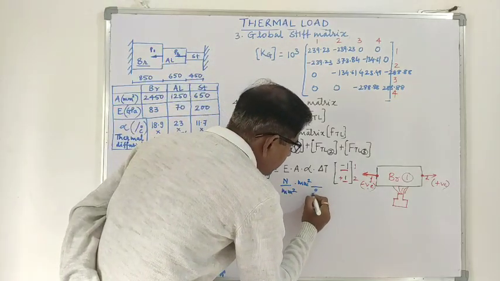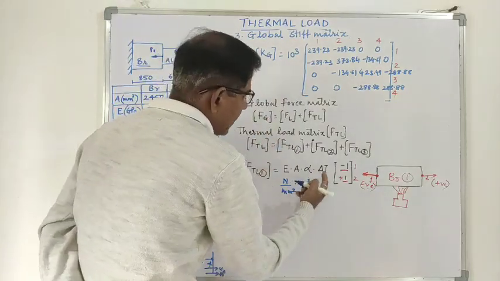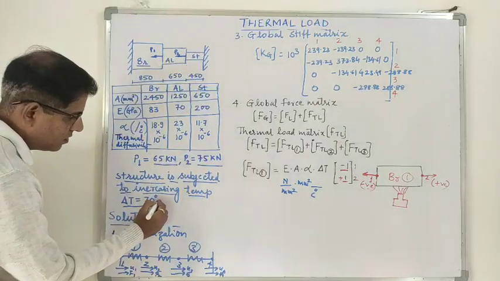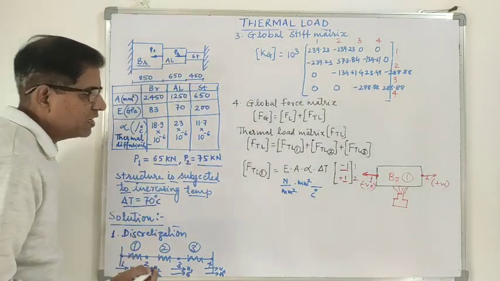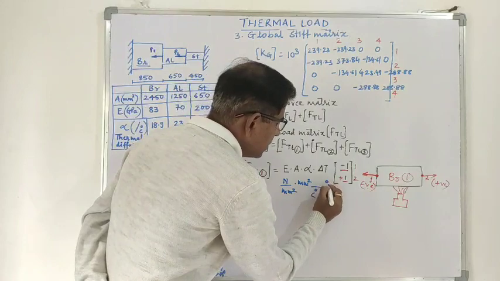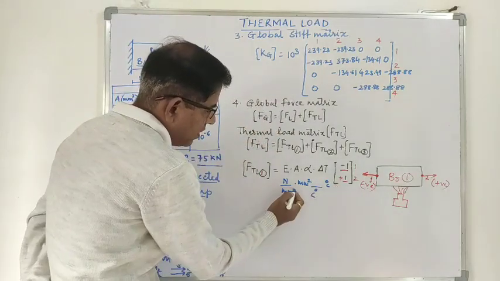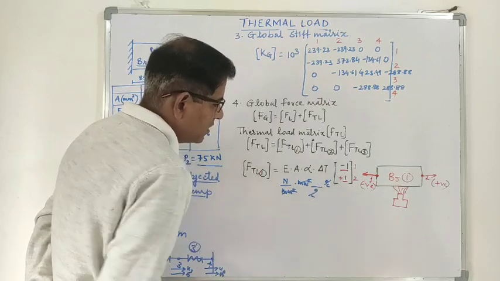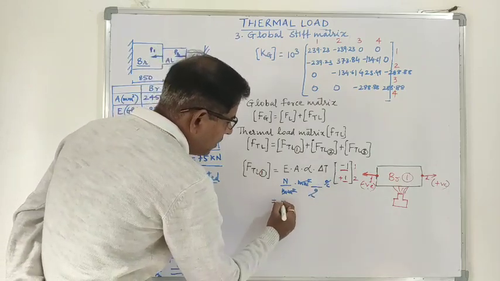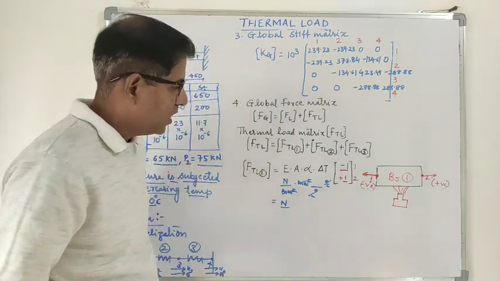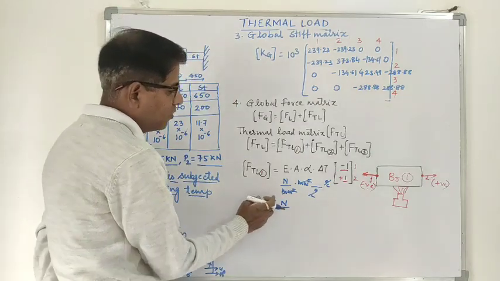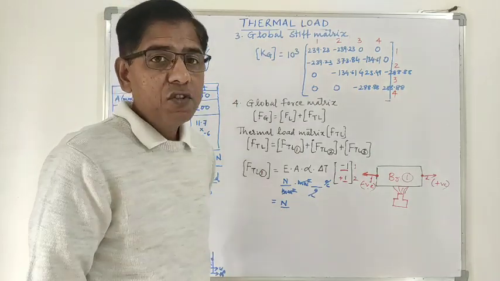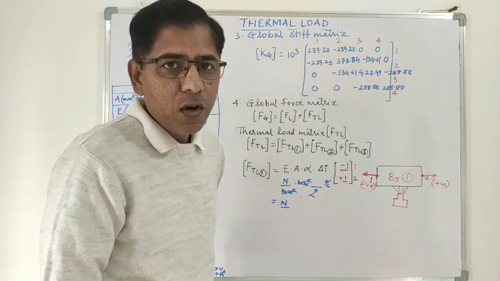Per degree Celsius. And delta T is 70 degrees Celsius. So here mm square gets cancelled, degree Celsius gets cancelled. So the answer will be in Newton. Okay. So this is the thermal load which is applied to element number 1.